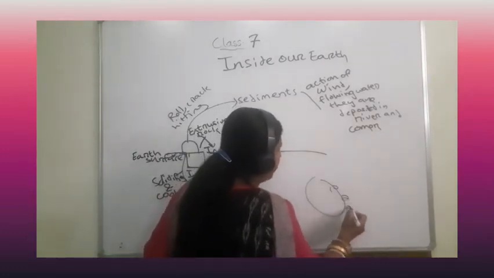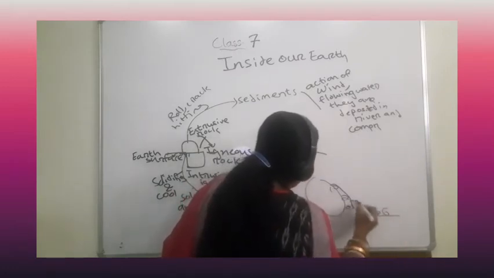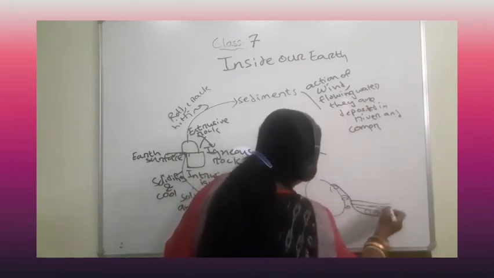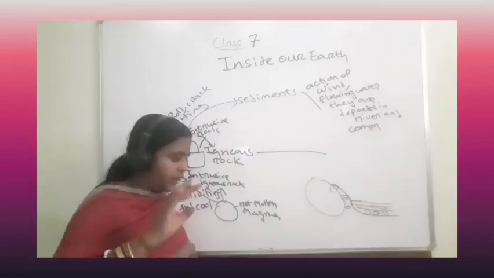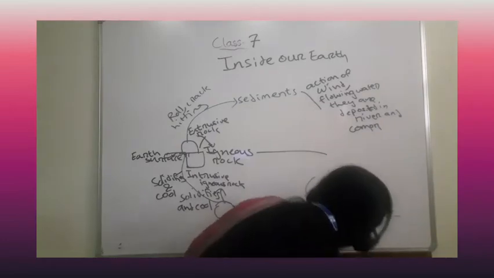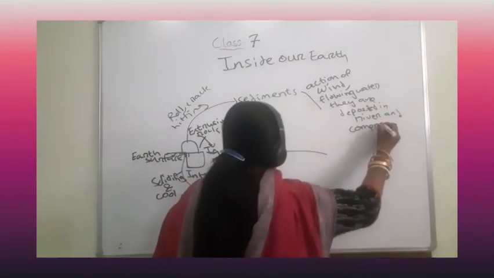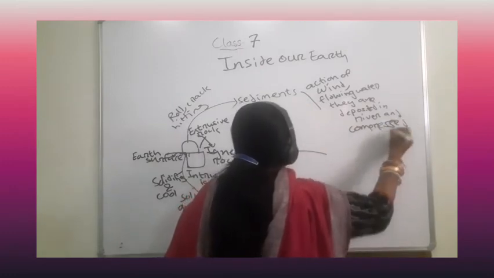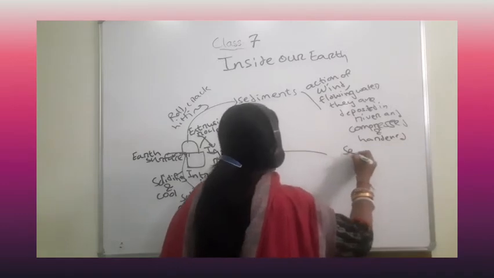These sediments are formed due to the action of wind and water. They are deposited in the river like this, and this deposition goes on continuously. Layers and layers of sediments are formed, and they are compressed and hardened and form sedimentary rock.